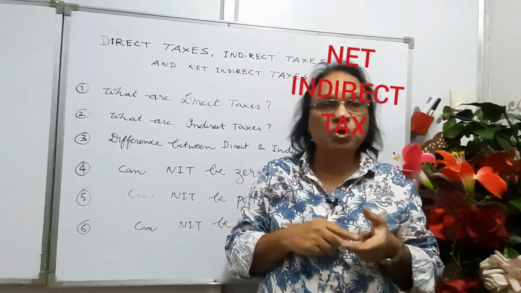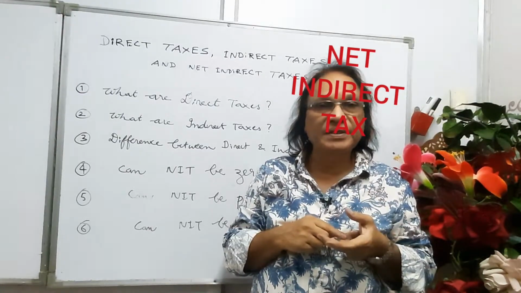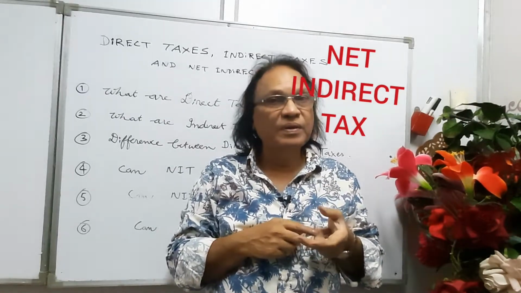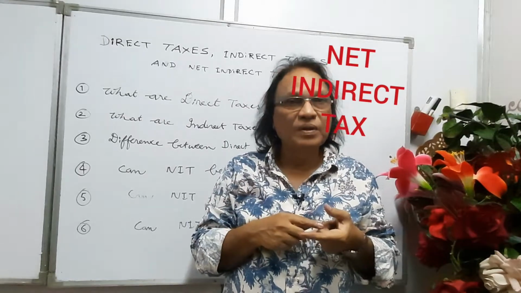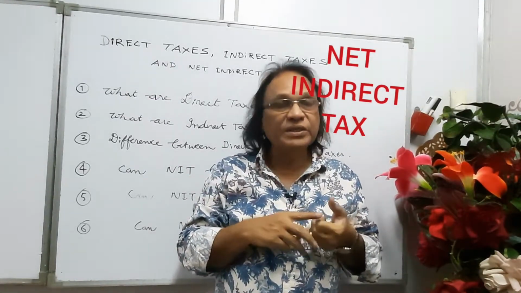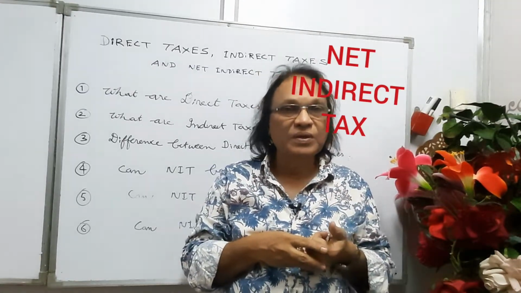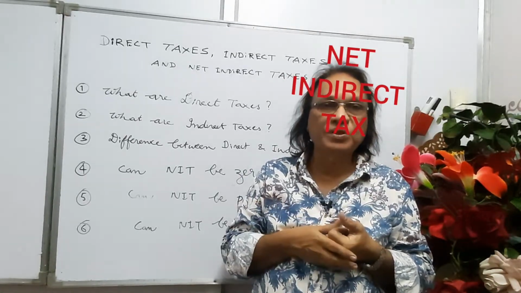Subsidies are given to shopkeepers or the firms to sell the commodities at less prices to poor people, and subsidies are given to poor farmers. And there are all kinds of subsidies which the government gives as a welfare measure. So subsidies are kind of grants given to households or the firms.